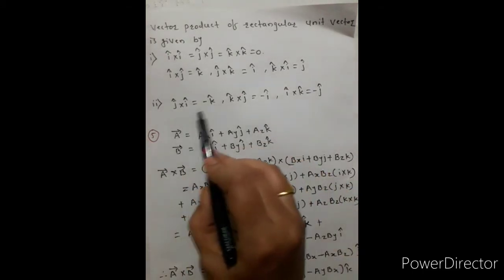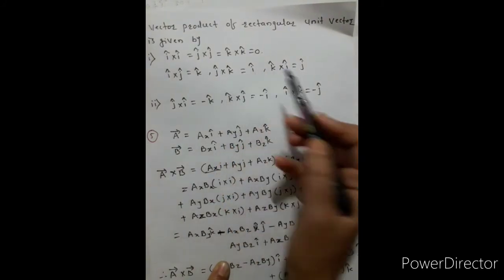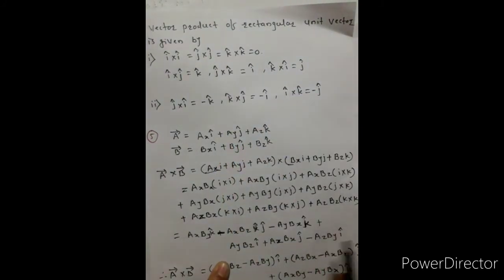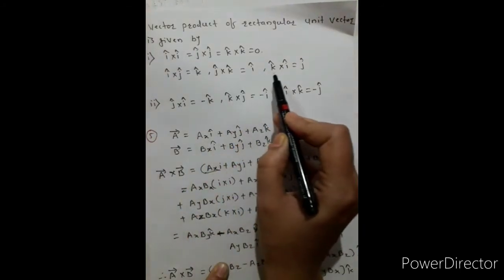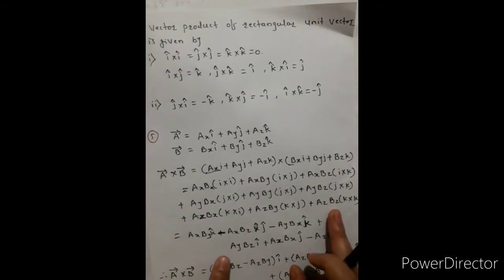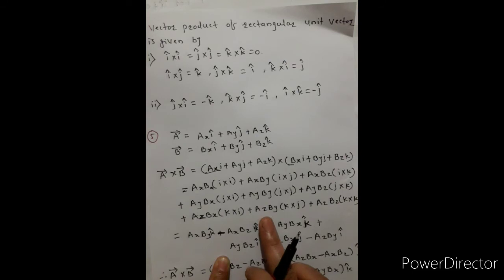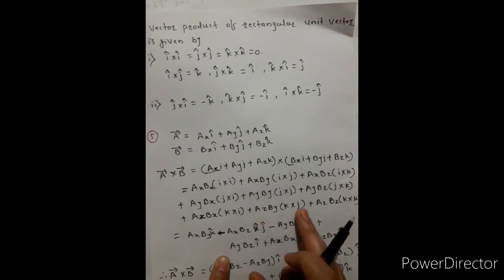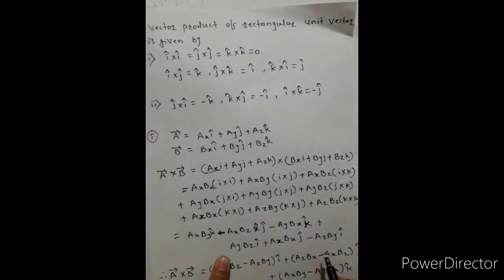J cross k is equal to i, plus az bx k cross i is equal to j, minus az by k cross j is equal to minus i, so that's why here minus az by i cap. And here az bz k cross k is 0.